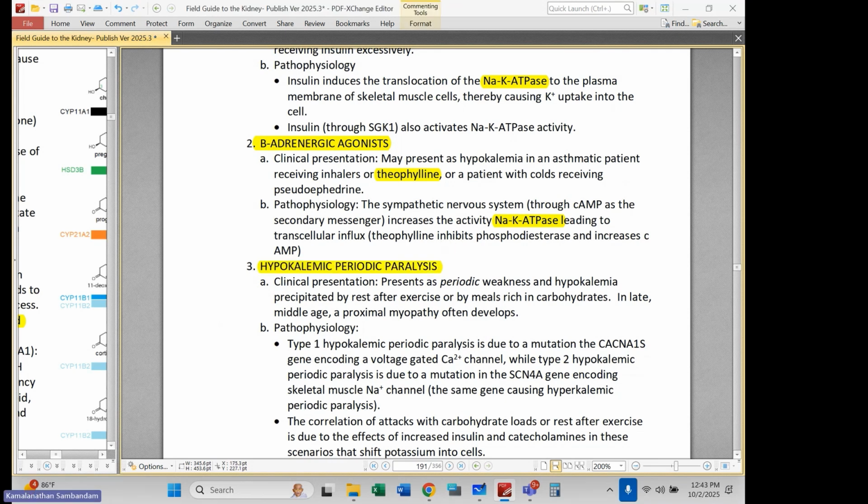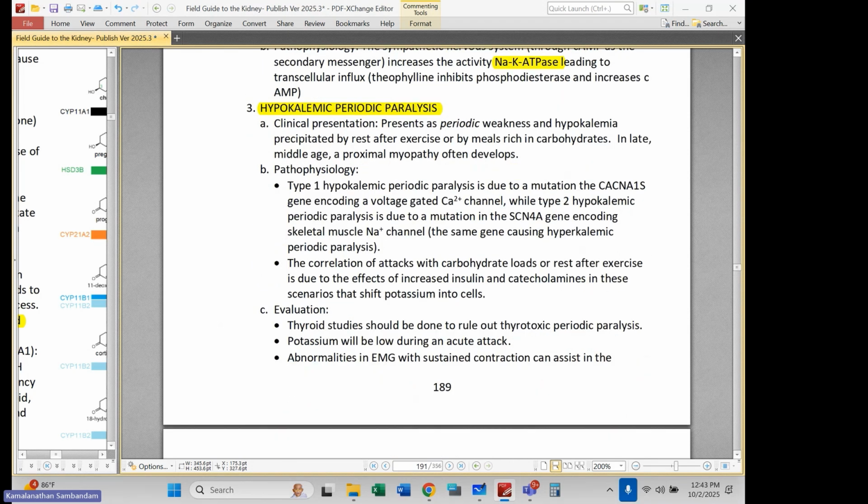And that's largely through the beta 2 receptor, right? Beta 2 receptor is the main effector for stimulating sodium potassium ATPase activity. All right, so hypokalemic periodic paralysis, we talked about in its inverse, that is hyperkalemic periodic paralysis.